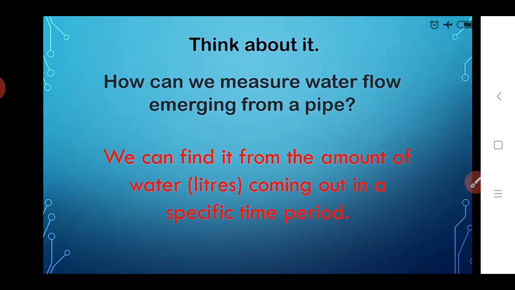If we measure how much water is collected in 1 second, or by increasing or decreasing the time, within 1 minute how much water is collected in the vessels from this pipe, in that way we can measure the water flow from a pipe.